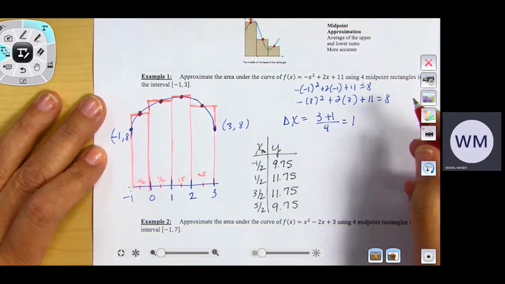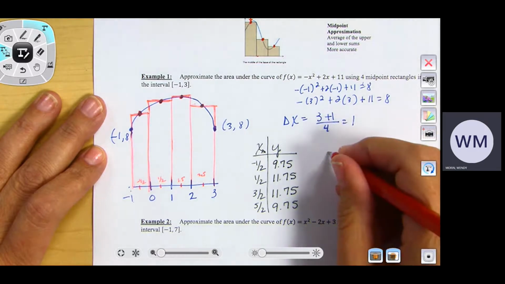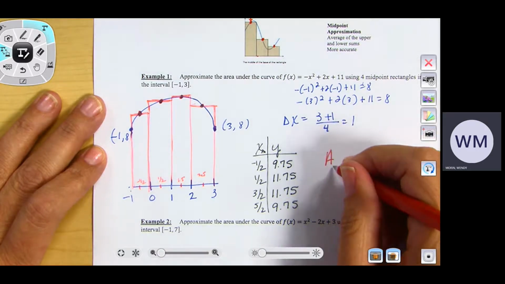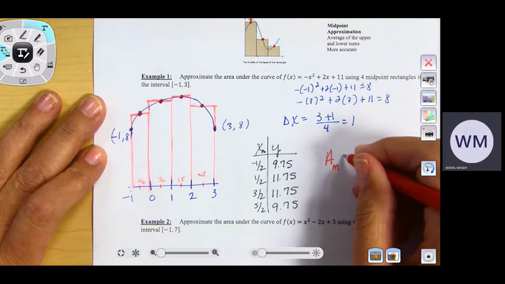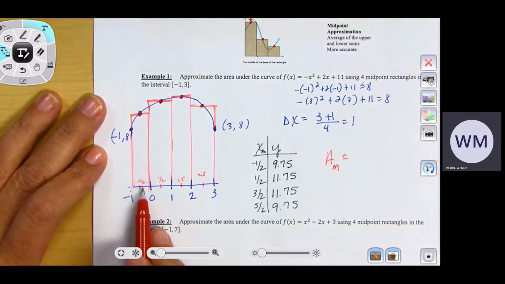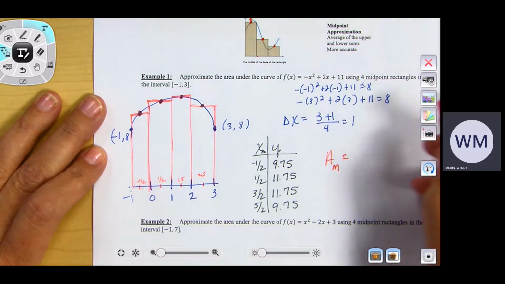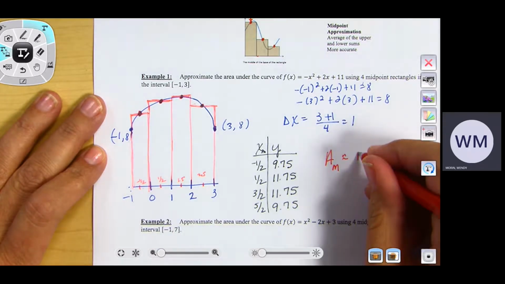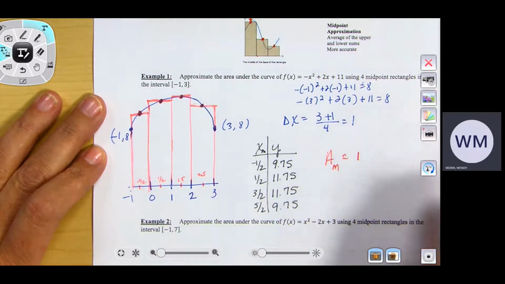The estimate of the area under the curve using a midpoint approximation is approximately equal to base times height plus base times height plus base times height plus base times height. My bases are all the same, so I'm going to shorten this up.